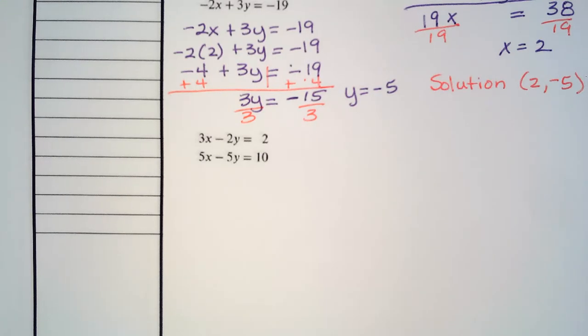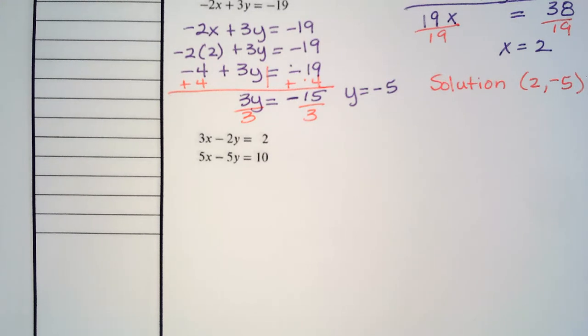So, do I want to multiply by 2 and 5 or by 3 and 5? That's a question you ask. It doesn't matter which one you do, it's going to be about the same in level of difficulty. So what do you think?